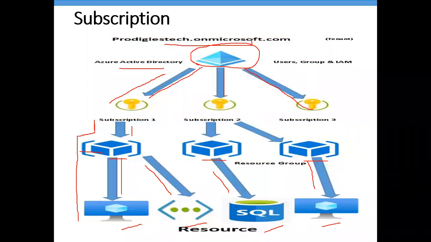So this is a process that we have in our system, and based on that we are able to create our resources. First our Azure Active Directory service comes, then subscription, after that our resource group, and after that we get our resources. Whatever resources we create in this training, we can see all of them.